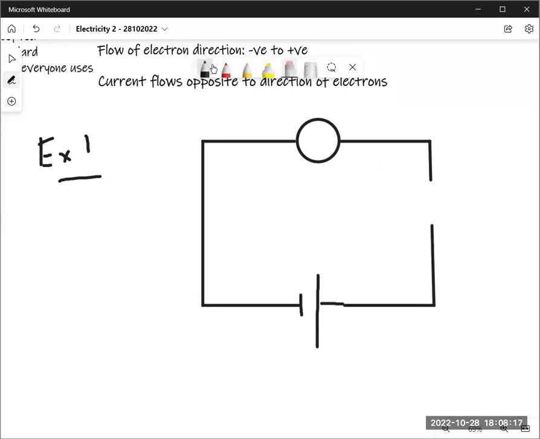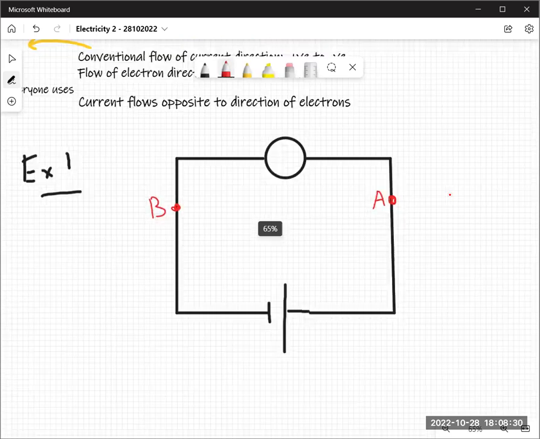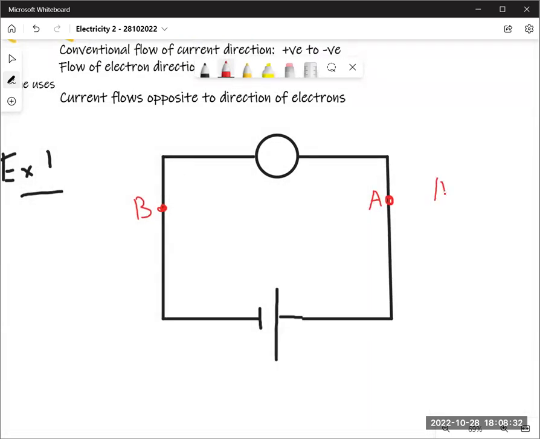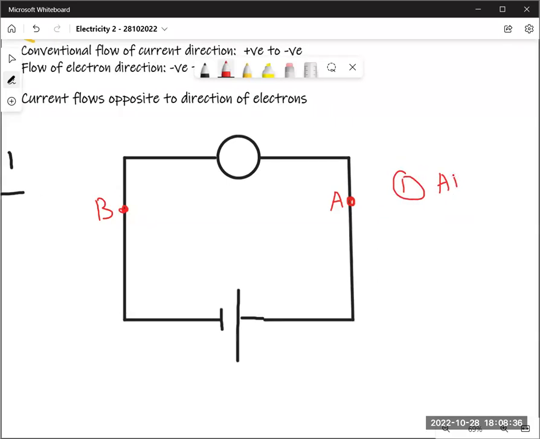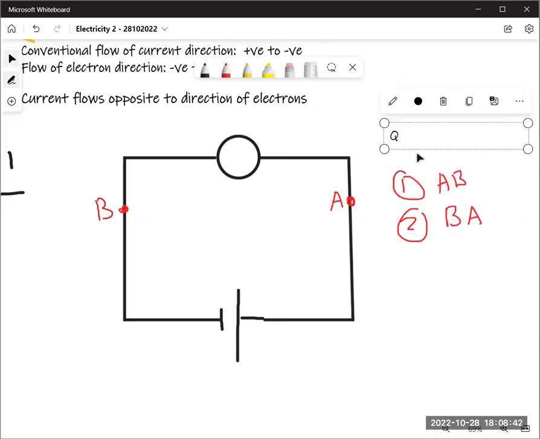Let's say this point is called A, and this point is called B. Now your job is to tell me in which direction the current is flowing. The first option is AB, the second option is BA. What is the current direction?